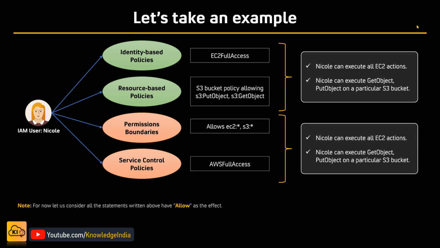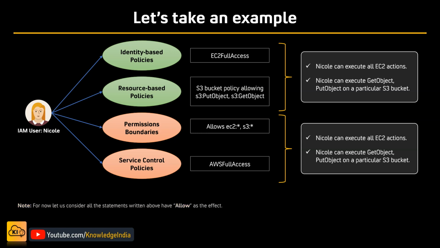This part is understandable because you might say that in these permissions boundaries and service control policies, we are actually not denying anything. That's fine. Here just allow is written. But what I want to explain here is that out of these four things, the top two policies are responsible for empowering Nicole to do something, right?